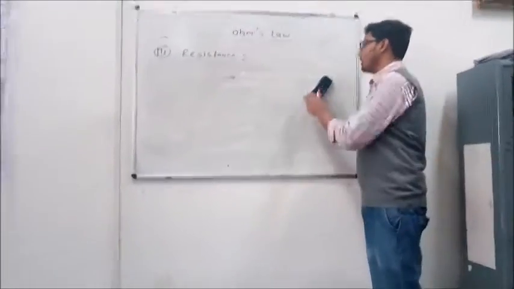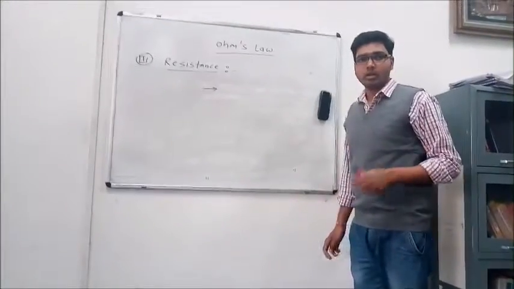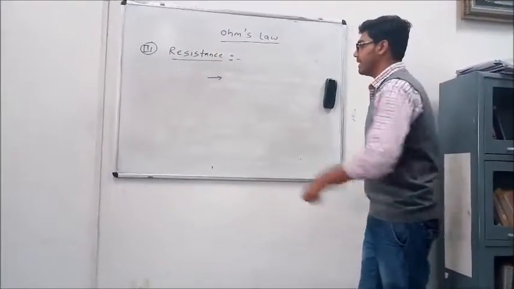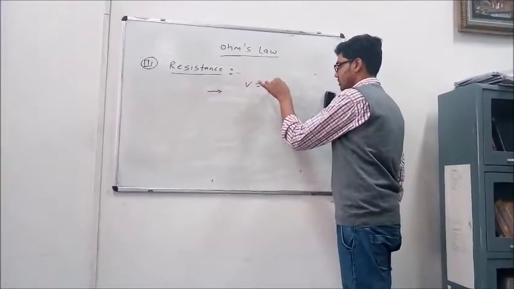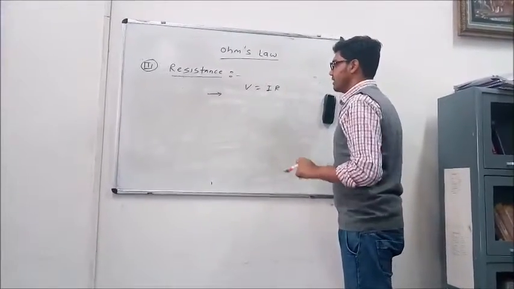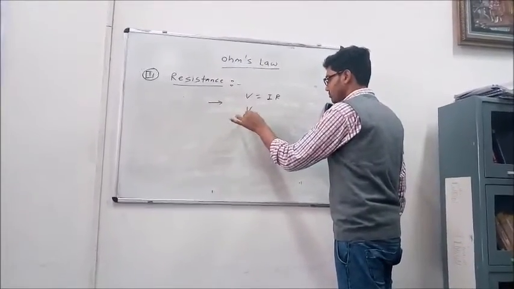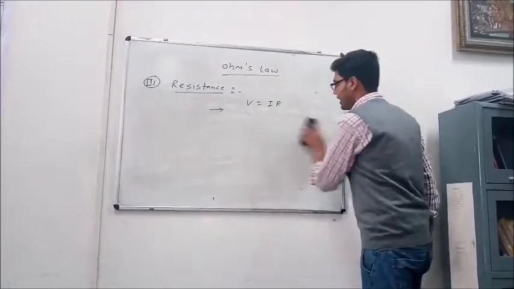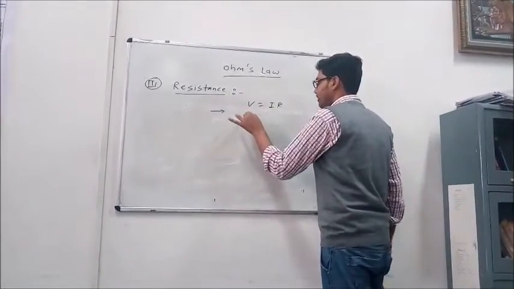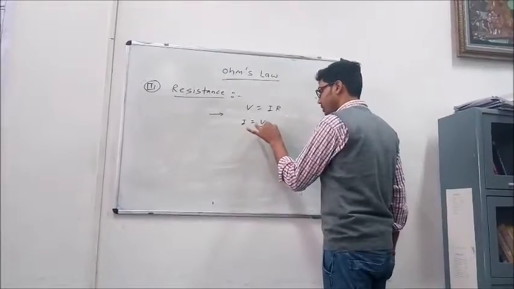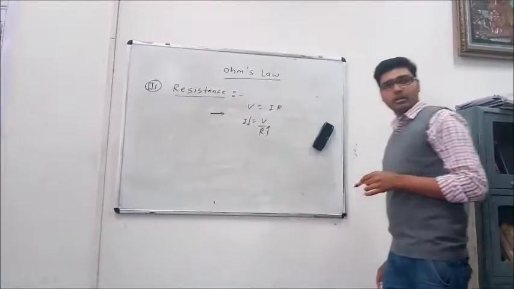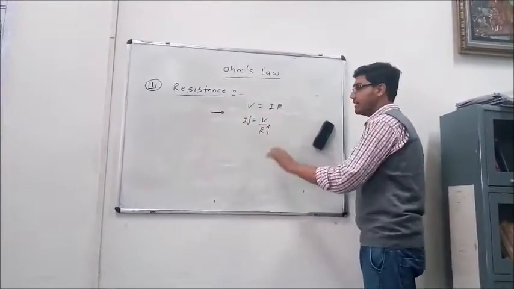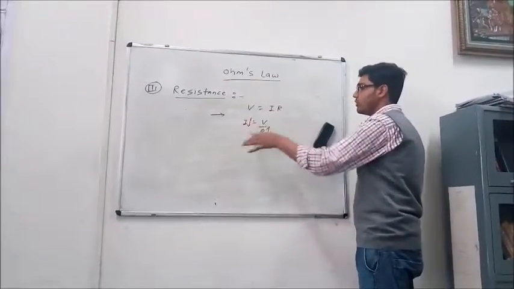It is a property of material. For different materials, some have more resistance, some have less. If we apply some voltage V and the material has more resistance, then we get less current. If it has less resistance, we get more current.